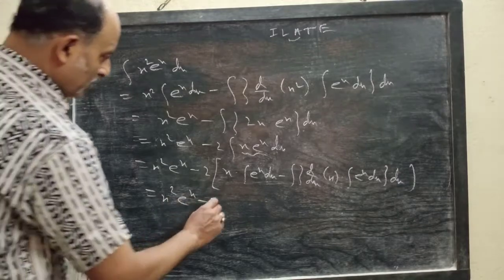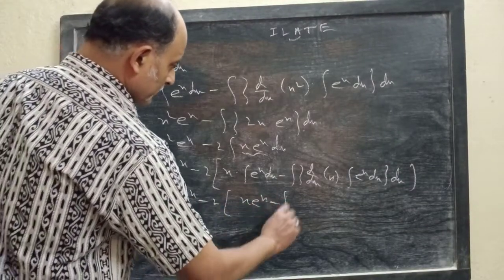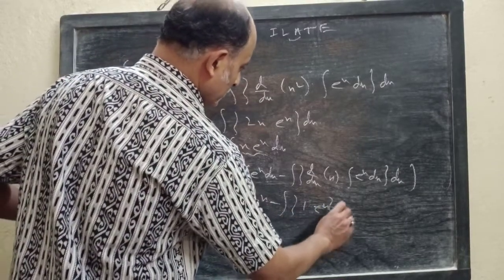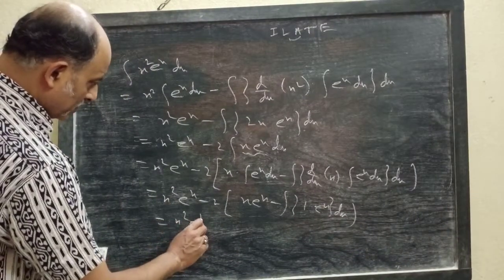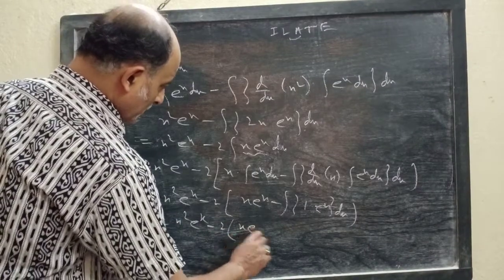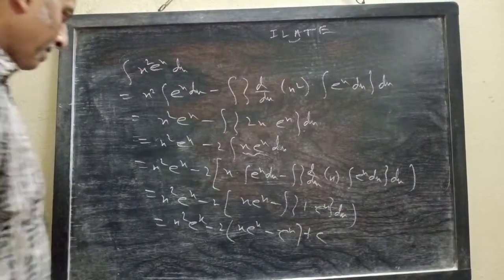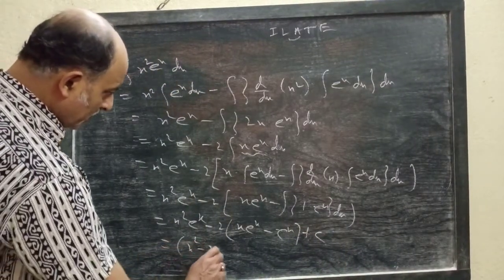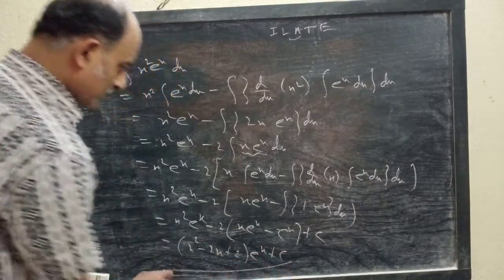X square e to the power x minus 2, third bracket, x e to the power x minus integral, this is 1, this is e to the power x dx. X square e to the power x minus 2x e to the power x plus 2 e to the power x, plus c. You can write the answer as x square minus 2x plus 2, times e to the power x, plus c. This is your answer.